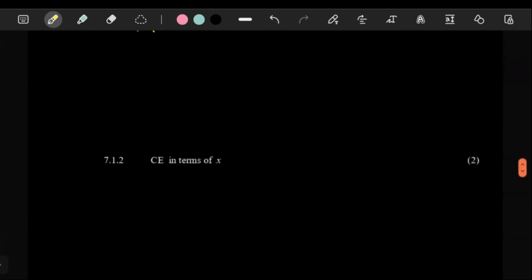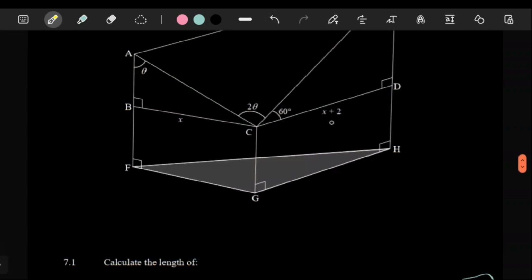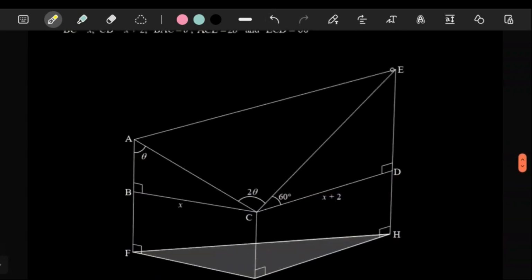There we go. Then here we should get CE in terms of x. Where is CE? CE is this length over there. I'm going to do the same thing, but here it's adjacent over hypotenuse, because we have 60 degrees there and this is a right angle triangle.